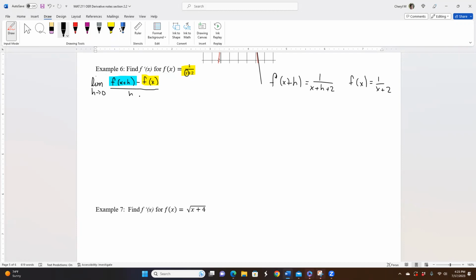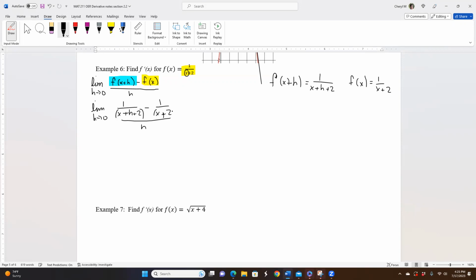If we rewrite this with those values, we'll have the limit as h approaches 0 of 1 over x plus h plus 2 minus 1 over x plus 2, all over h. We can't cancel the h's as they are now, so we have to get a common denominator for our fractions in the numerator.